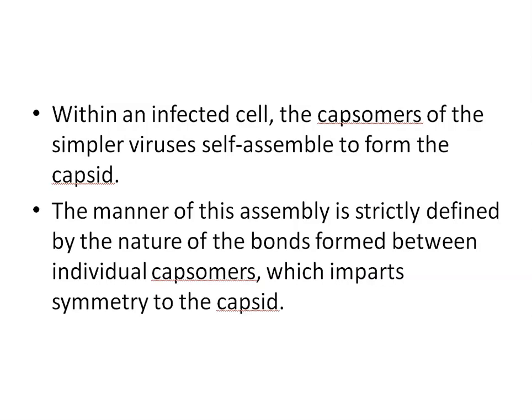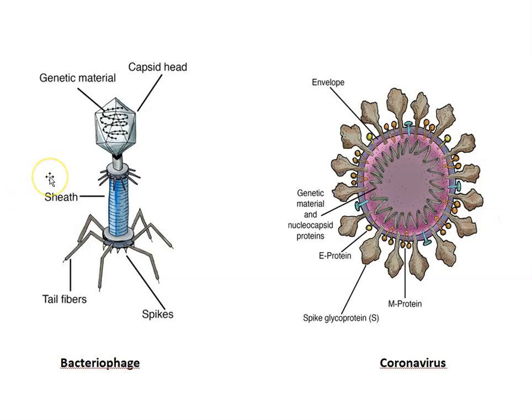How many kinds of symmetry are there in viruses? How this symmetry is formed, we will discuss in detail in the next lecture, but I will give you a little idea here. This is a bacteriophage and this is a coronavirus.